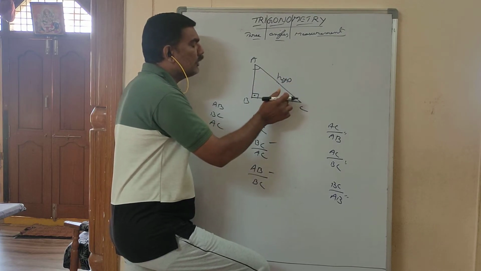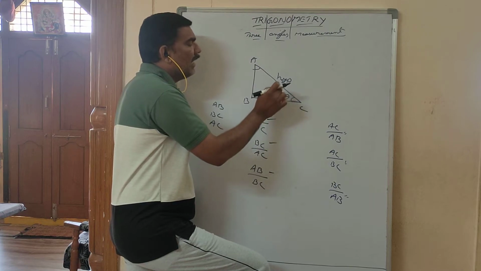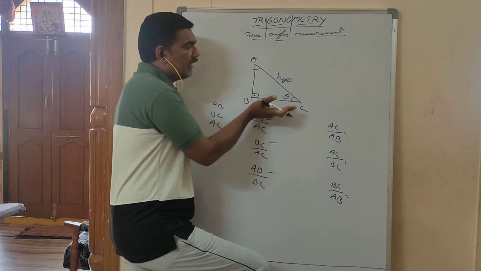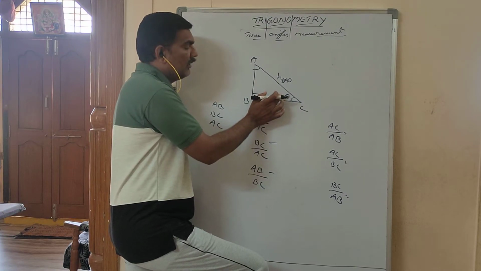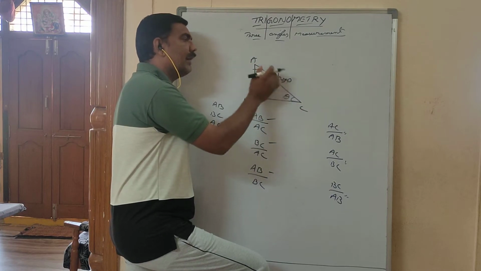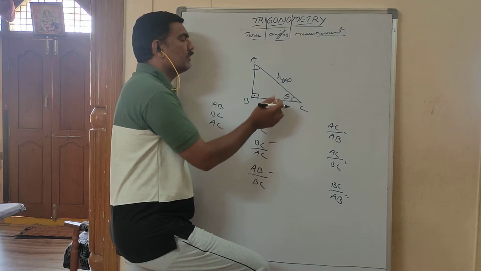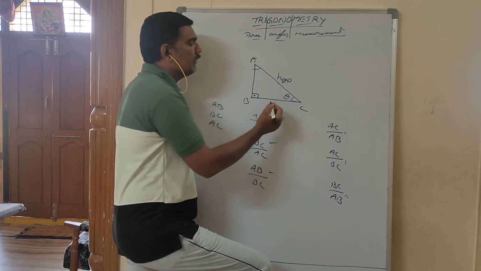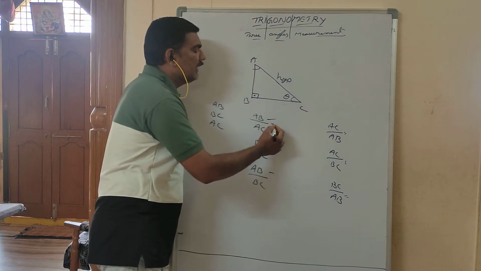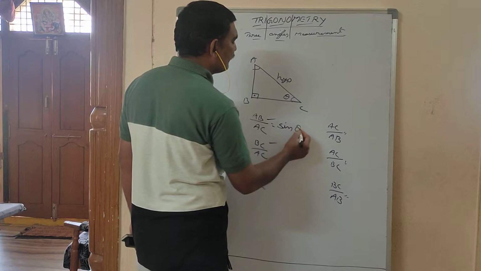Side opposite to theta means AB. Side adjacent to theta. Adjacent means beside. For this theta, BC is there, AC is there. But already we know the name of the side AC, that is hypotenuse. So this BC becomes what? Adjacent side.